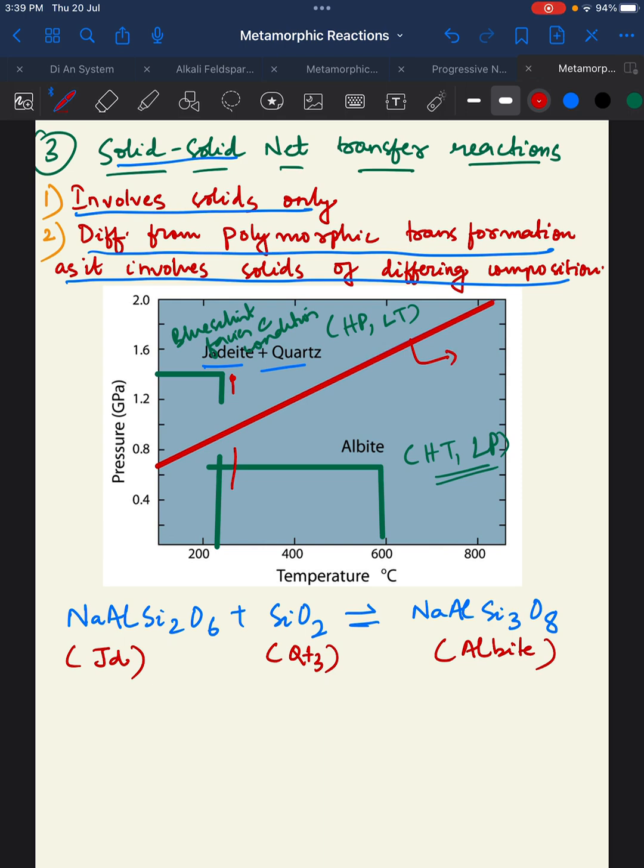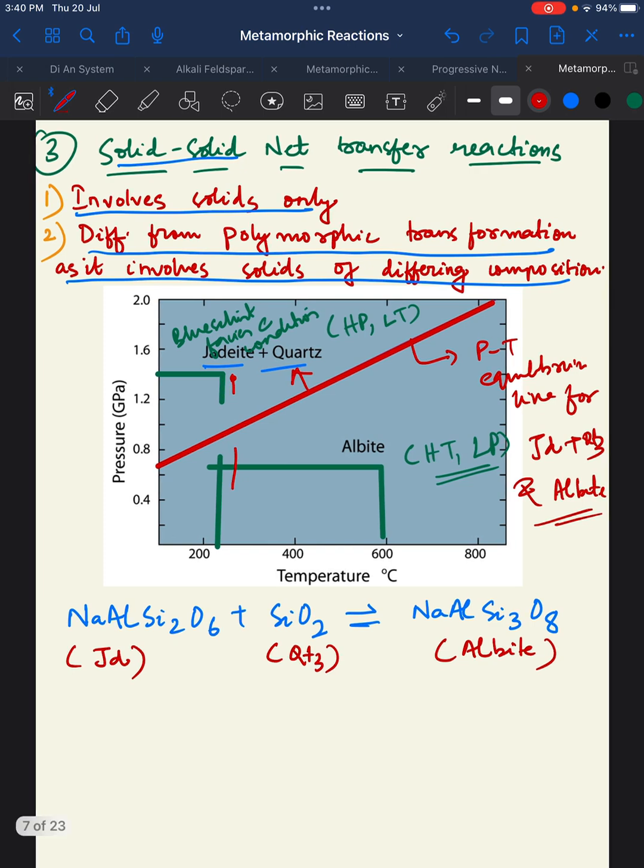This line is the pressure-temperature equilibrium line for jadeite plus quartz and albite. So above this line, jadeite and quartz are stable, and below this line we have albite.